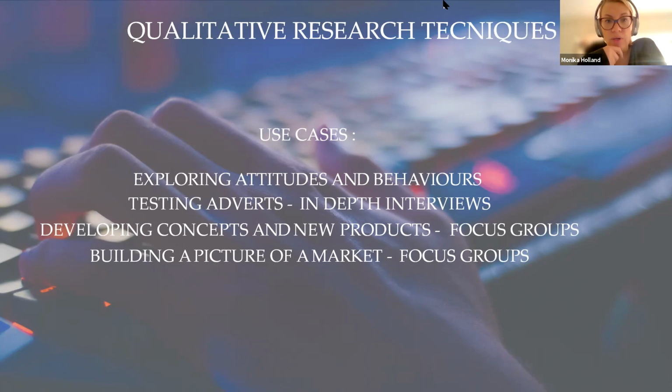What are the available products in the market? What do they use? How much money do they spend on a certain service or product? This information can be very useful as well. So this is like an alternative to one-on-one, because it's more focused on the qualitative part of the research instead of quantity.